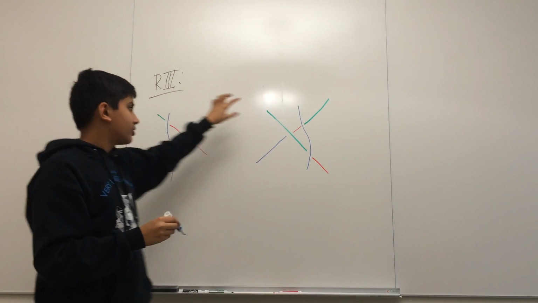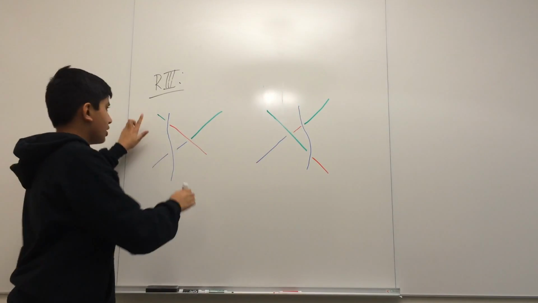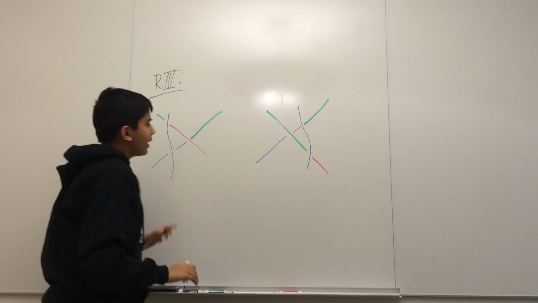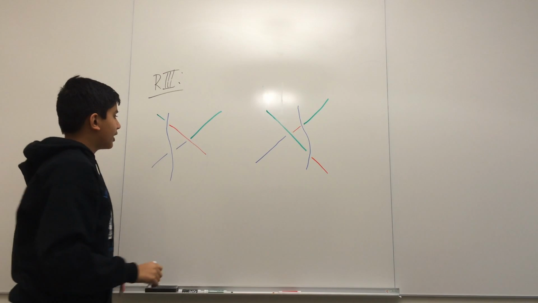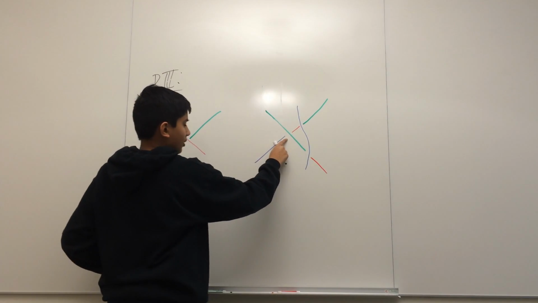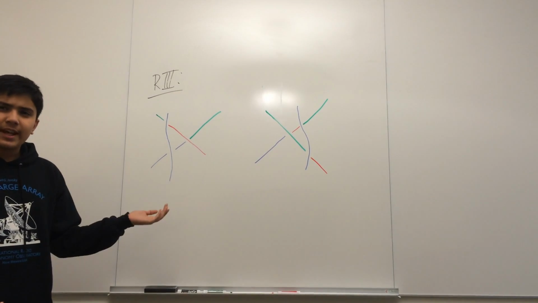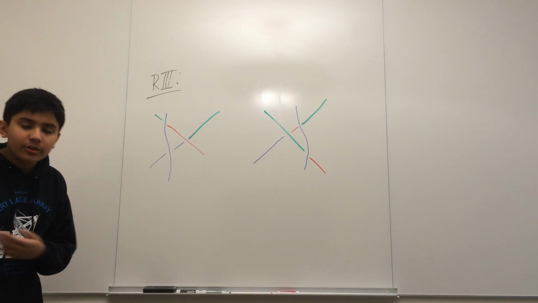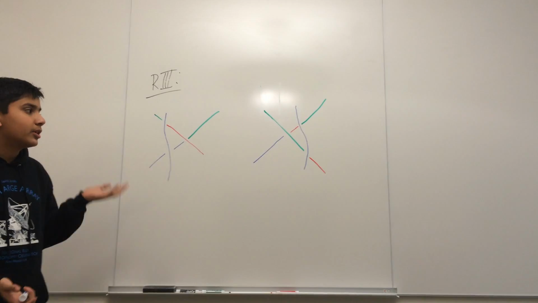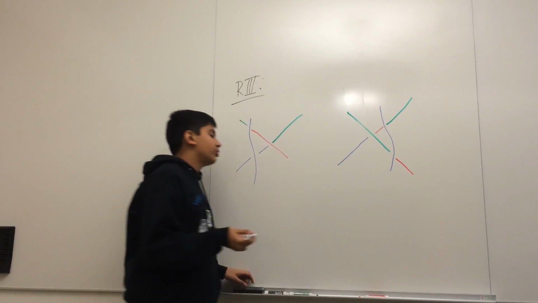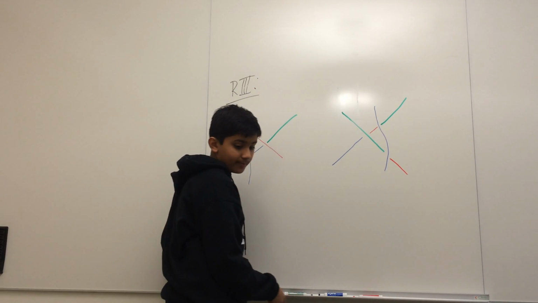The endpoints did not change, and we had green, green, blue, blue, red, red, green, green. I changed the internal structure so that it remains tricolorable. This point is RGB, RGB, RGB. So in this case of Reidemeister 3, we found that tricolorability is conserved. We can check all the other cases and find that tricolorability is conserved in those too.